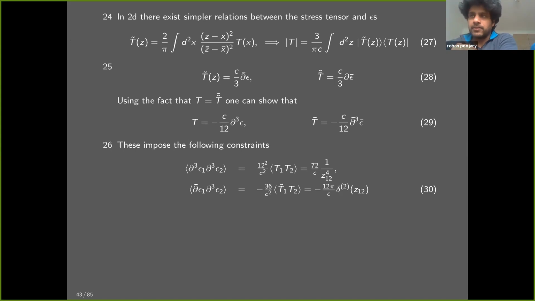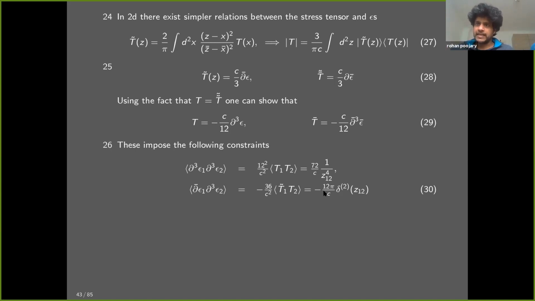It will have a complicated projector structure in front of epsilon, but nonetheless there will be some amount of cubic or whatever derivatives, d minus something derivatives, acting on epsilon. So the stress tensor can also be shown to be a descendant of epsilon. That's the crucial part. These relations can also be used to determine the 2-point function of epsilon, because they basically constrain how things have to look.